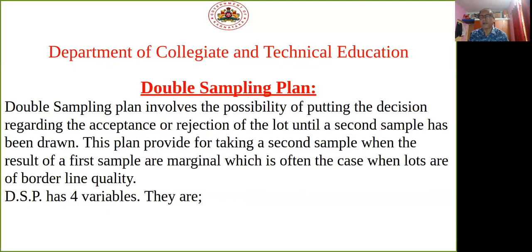You also need to take some values below the AOQ, and then you construct the curve that is called the OC curve. So like that we have studied the single sampling plan.